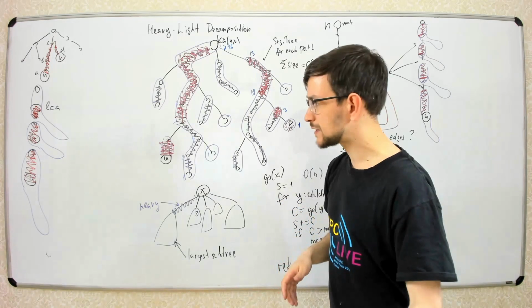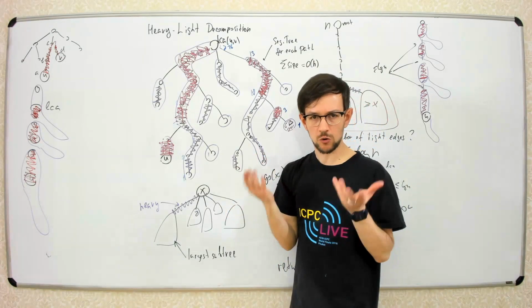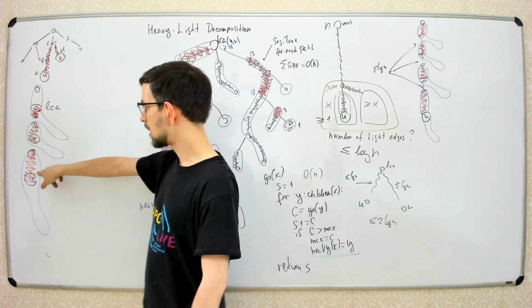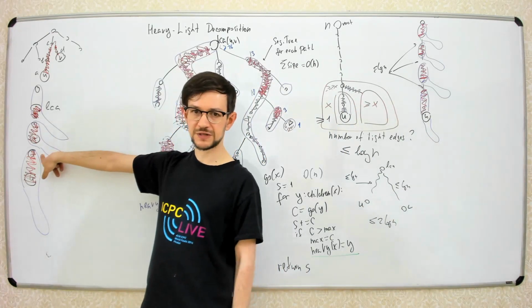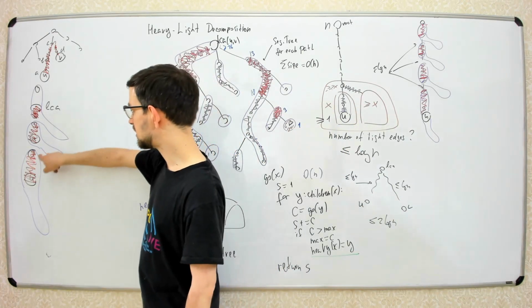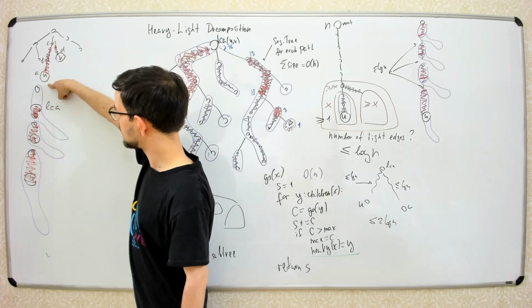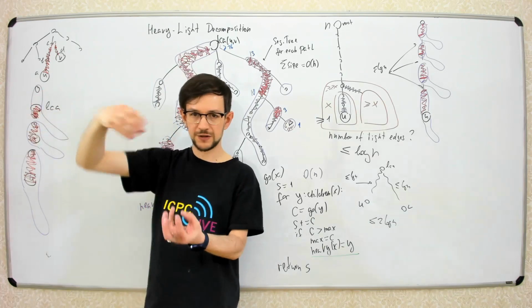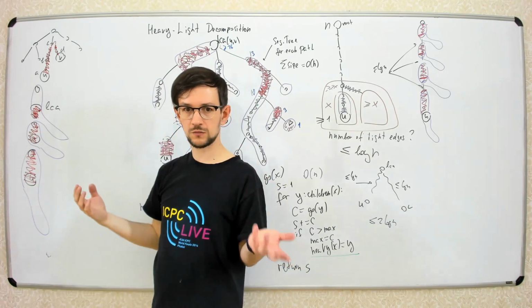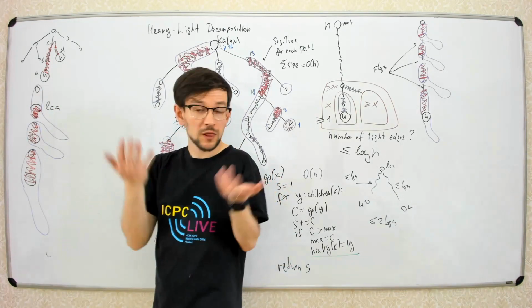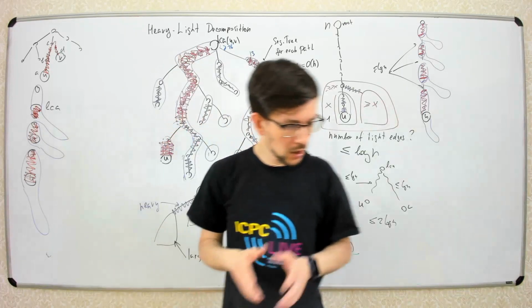So it's quite simple code actually. We start from node U, take the top node of this heavy path, see if it is below LCA, we add it to the result and go here. If it is above the LCA, then we take the sum to the LCA, and that's all. It's a simple while loop.